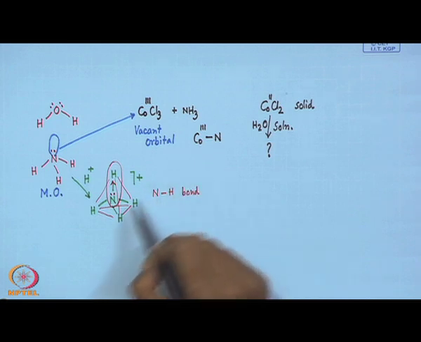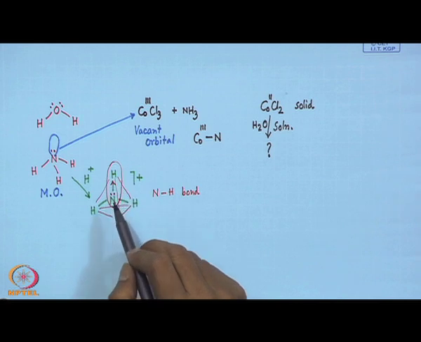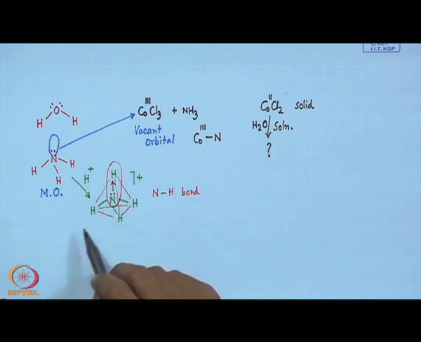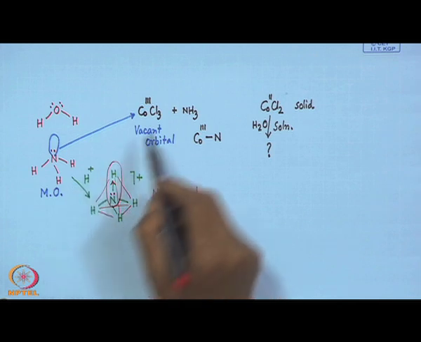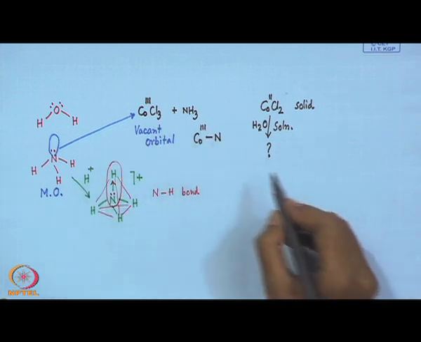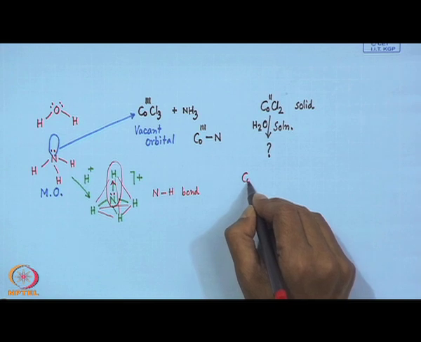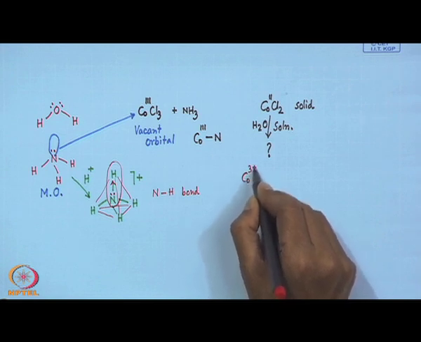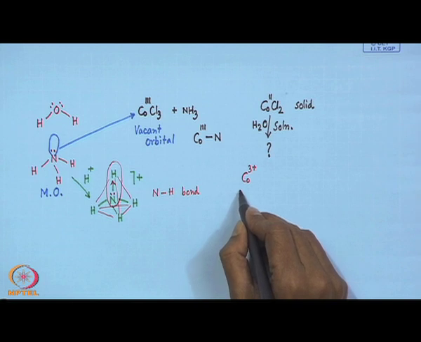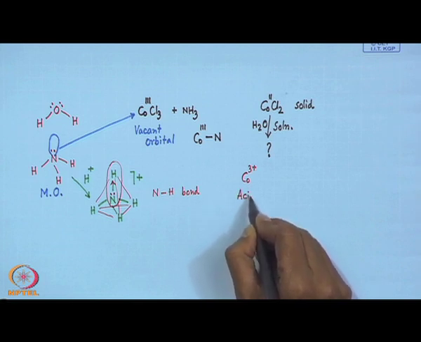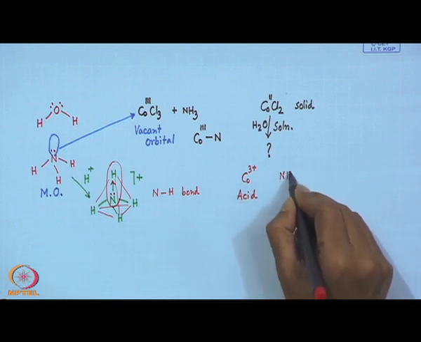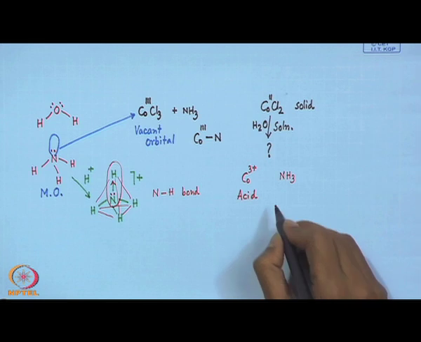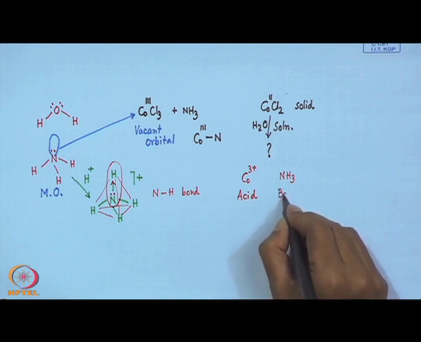So, if we consider the interaction of nitrogen with hydrogen, that means the proton, H plus is the well known proton. So, our metal center, the cobalt in the trivalent state, should also function as an acid center, and our ammonia can therefore be considered a base.